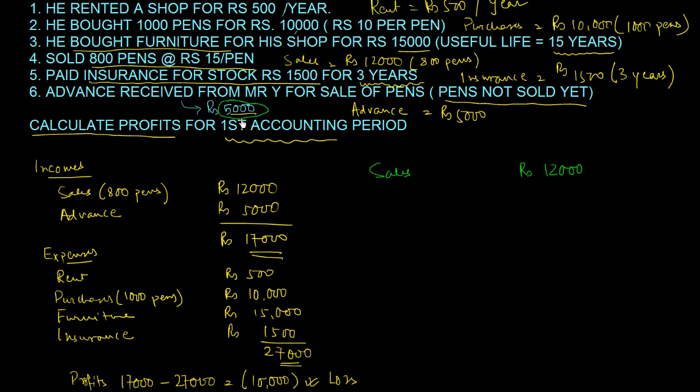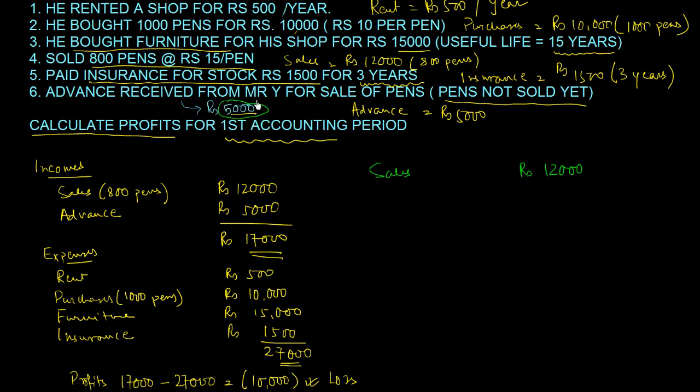Accrual concept says that income should be recorded only when it is realized. But this 5,000 is an advance received from a customer. The sales for which the advance has been received is not affected yet. So the revenue, that is the sale, has not yet been realized. Only cash is received. So since sale has not been realized, we will not record this amount as an income.